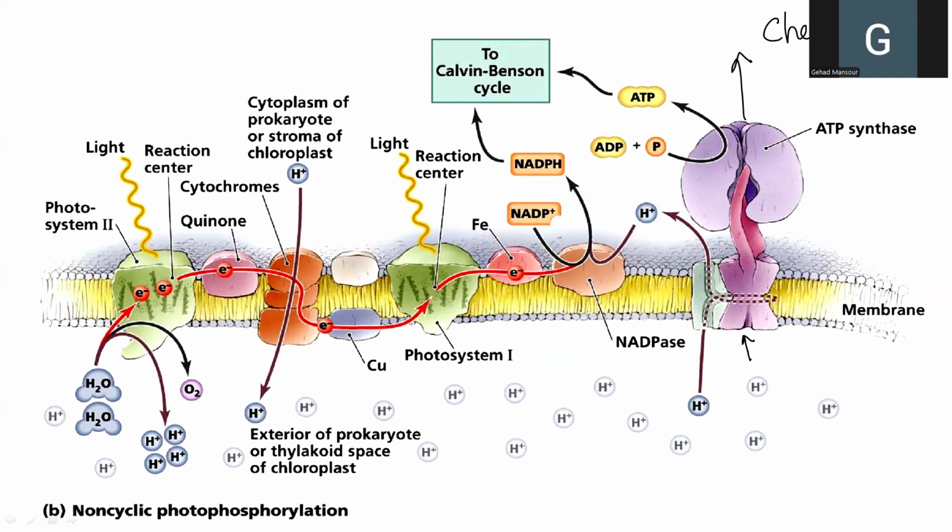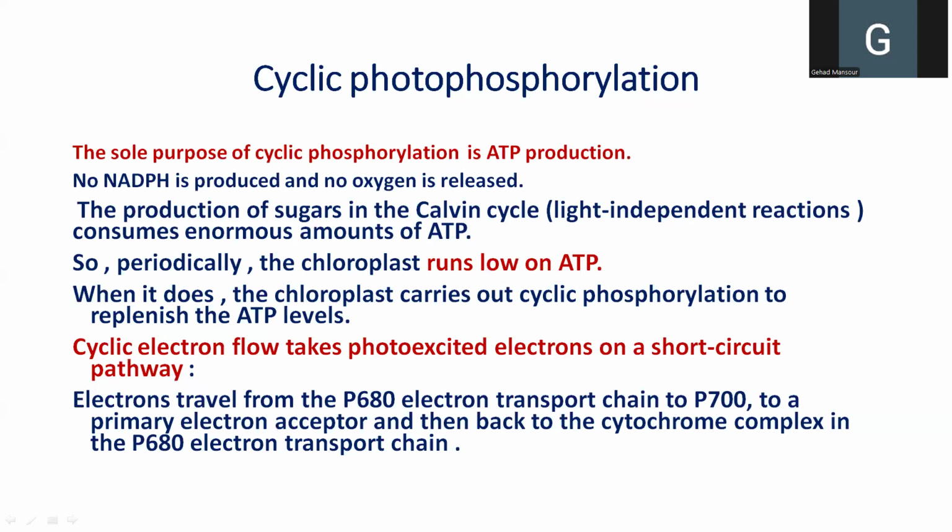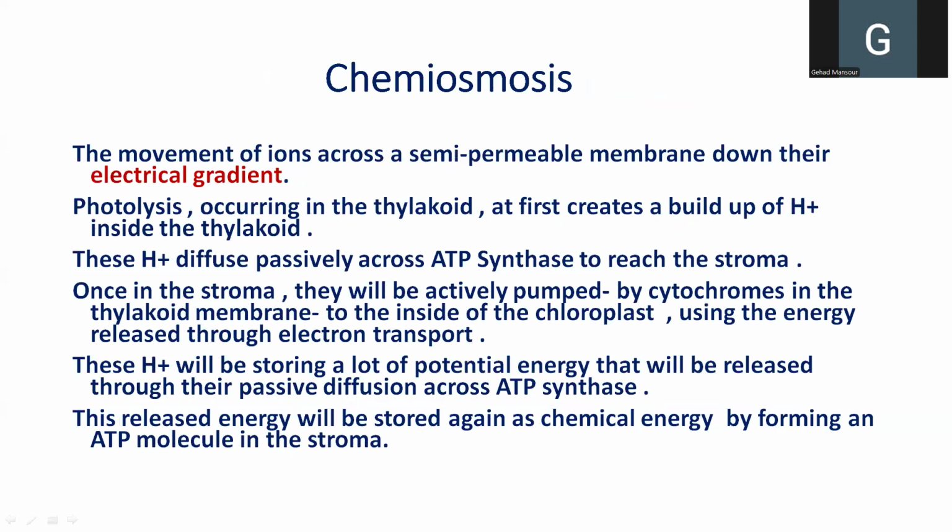We have talked about chemiosmosis before. Chemiosmosis is the movement of ions across a semi-permeable membrane down the electrochemical gradient. Did they move across a semi-permeable membrane? Yes, they did, because they moved across the ATP synthase, which is present in the membrane.